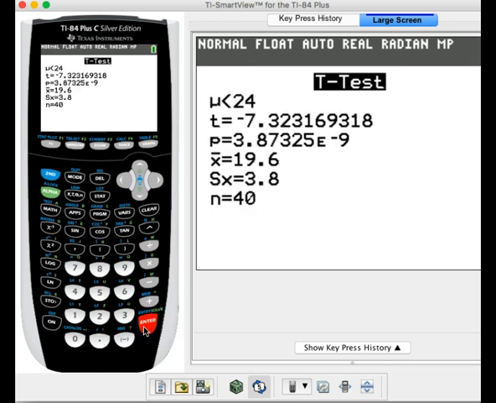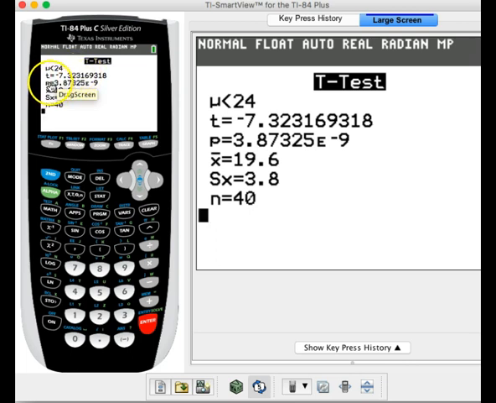And that is going to spit out for us several different things that are of use to us. So up at the top, it just reiterates what our claim was. Then it gives us this as our test statistic, so negative 7.32 if we're rounding to 2 decimal places.